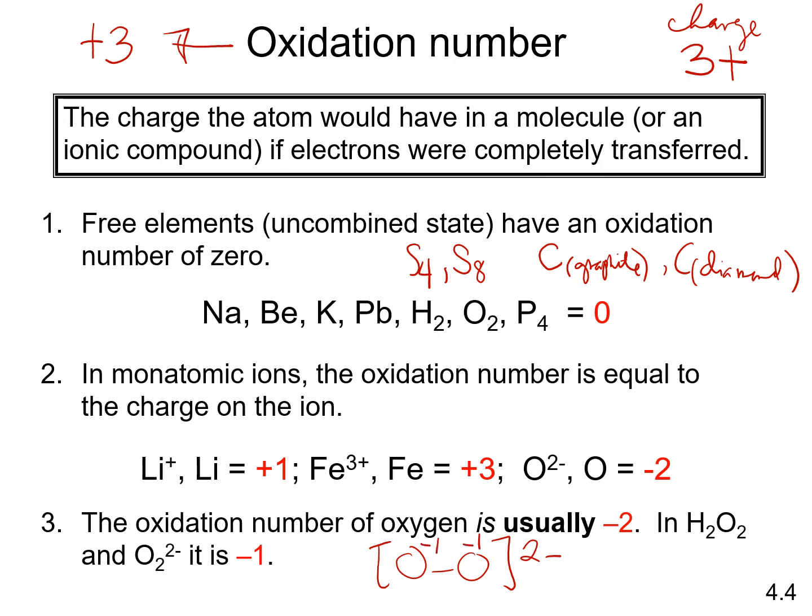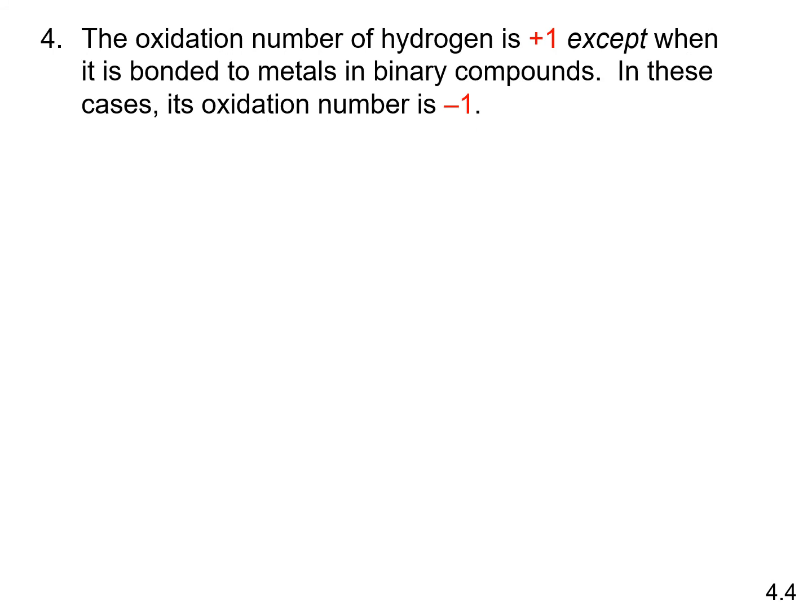Okay, so in peroxide ion, our oxygen is assigned with an oxidation number of -1. But usually it's -2, unless you see a few exceptions like our O2, that is 0, and then the peroxide, that is -1. Okay?